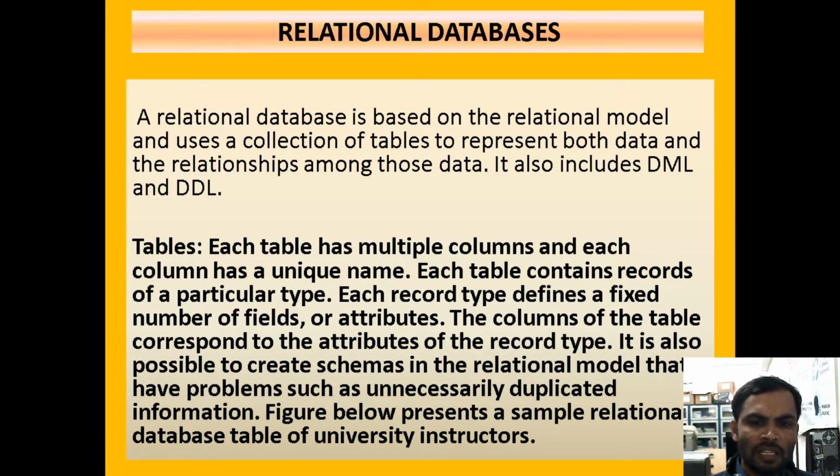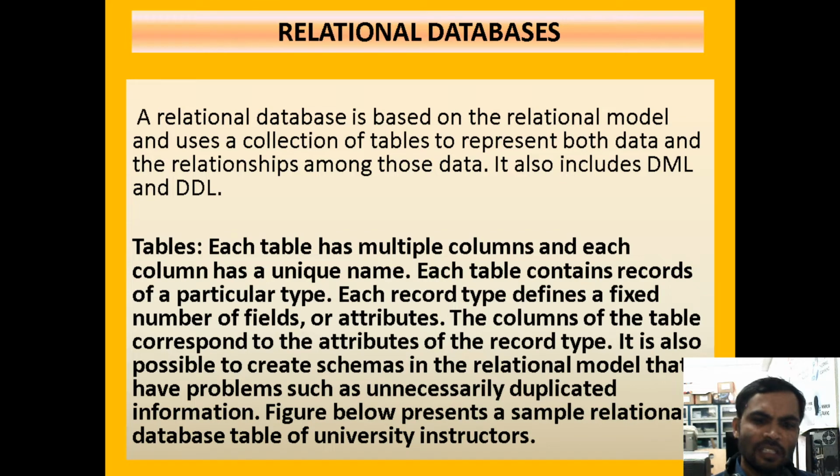For example, if you want to create a student table, under the student table we have the student roll number, student name, student father name, mother name, address, date of birth, and many more fields or labels.